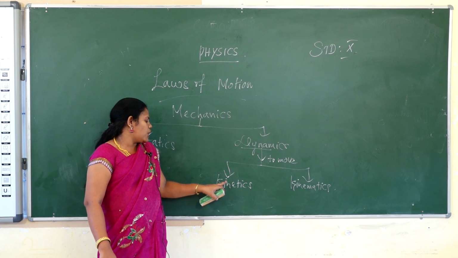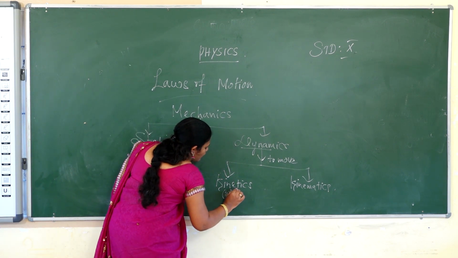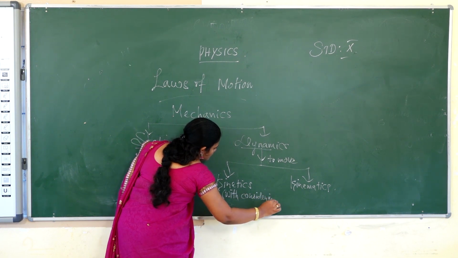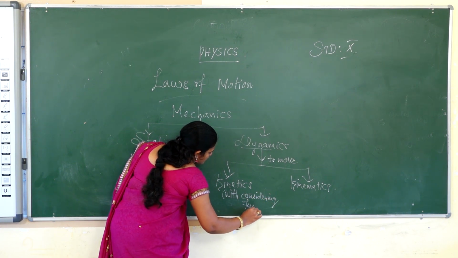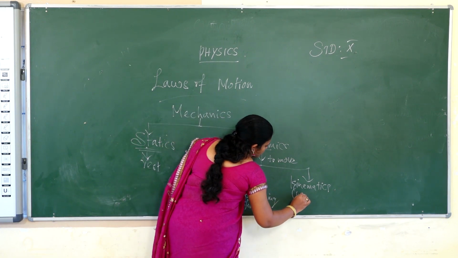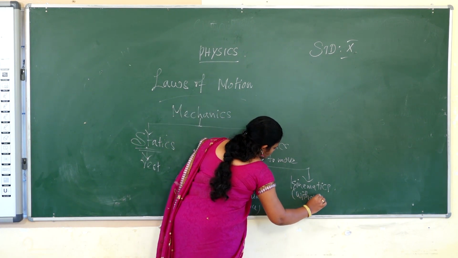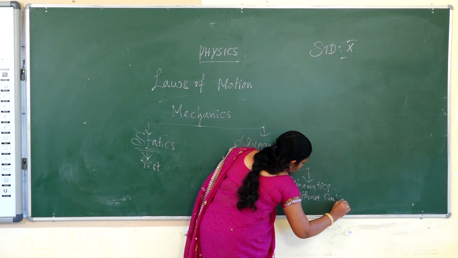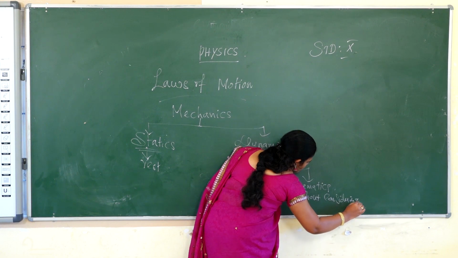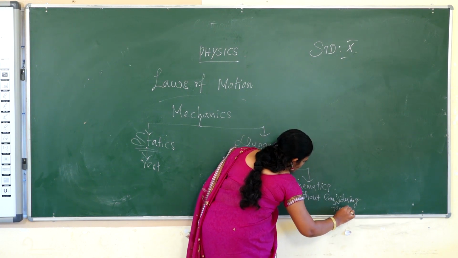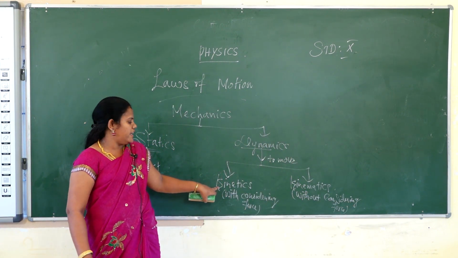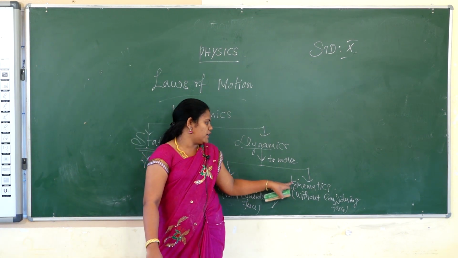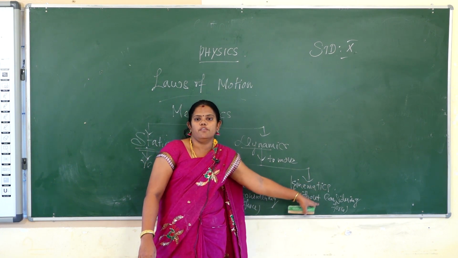So, with considering the force and without considering the force. Kinetics is the study of objects taking into account the force. Kinematics is the study of objects without considering the force.